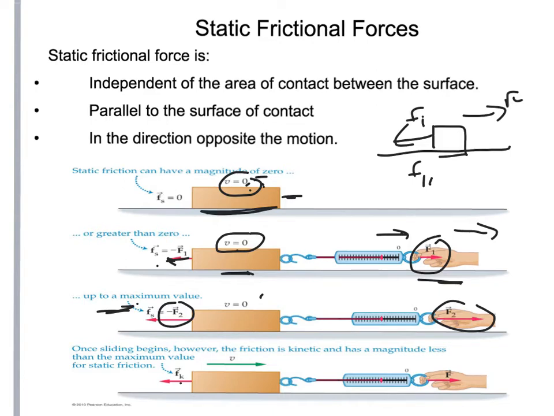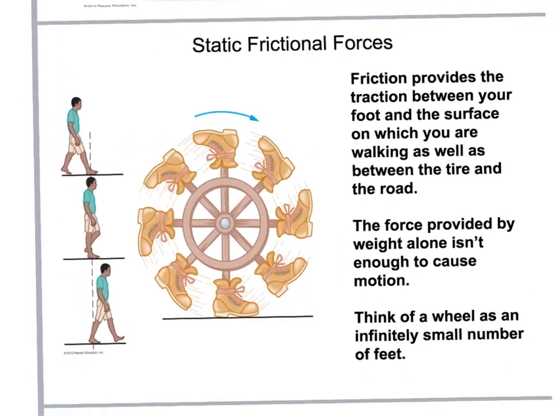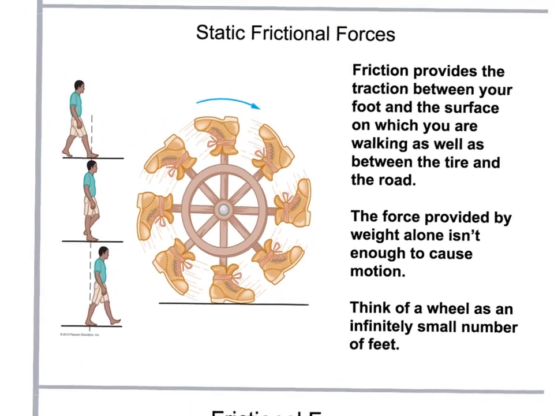Kinetic friction has a magnitude that's smaller than static friction. Both of these are heading in a negative direction, but when you look at the magnitude, the value of kinetic friction is always less than the value of static friction.